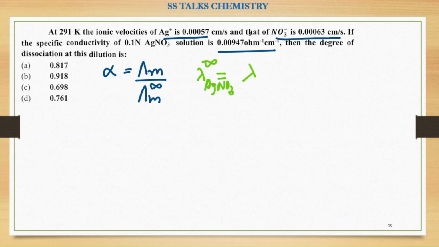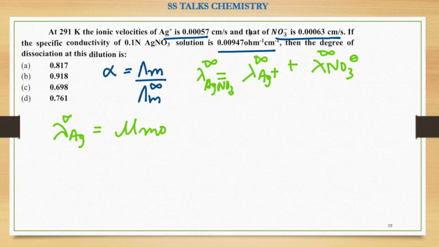We need the conductivity of the Ag positive at infinite dilution, and we need the conductivity of this nitrate ion at infinite dilution. This is what we want, right? So the conductivity of the Ag positive at infinite dilution is equal to its mobility, this mu, into the Faraday's constant.